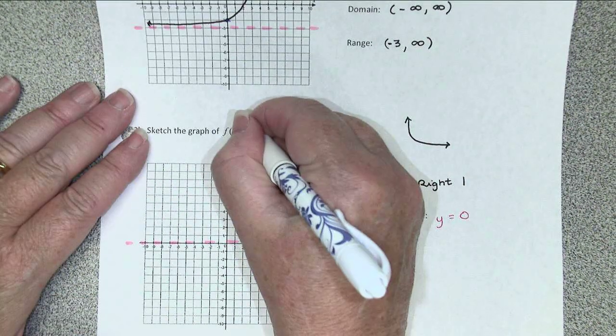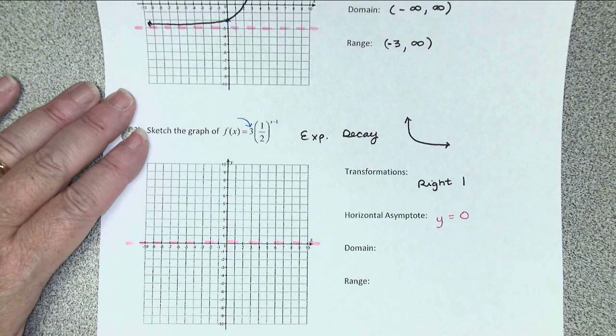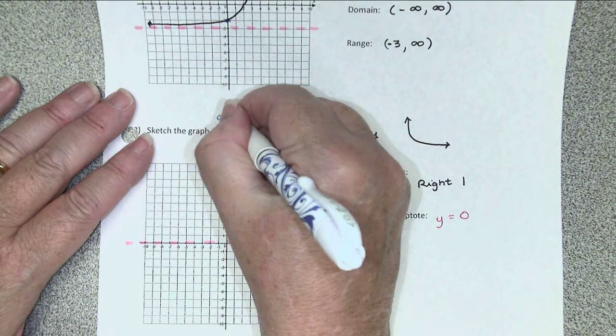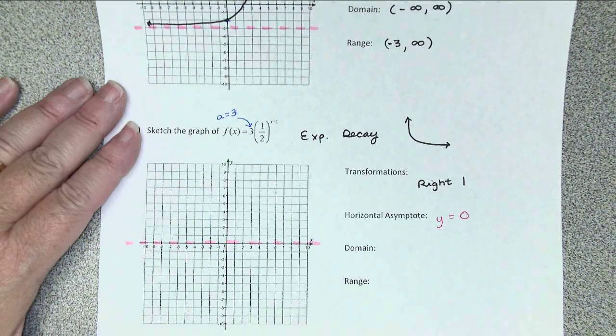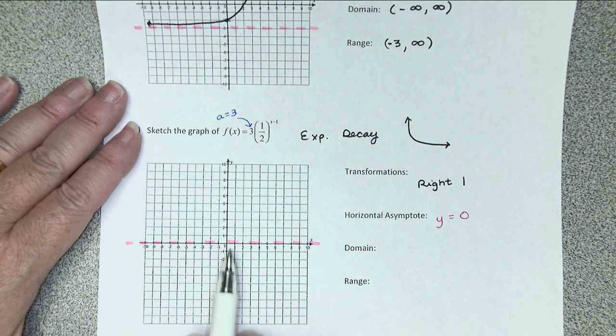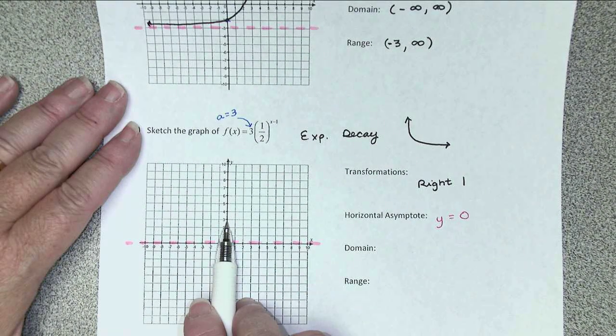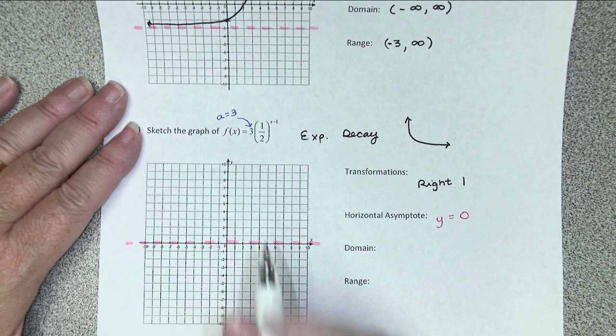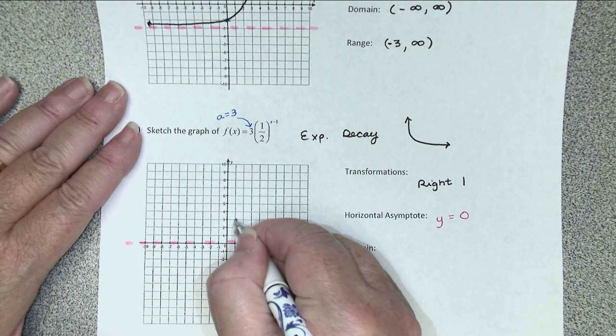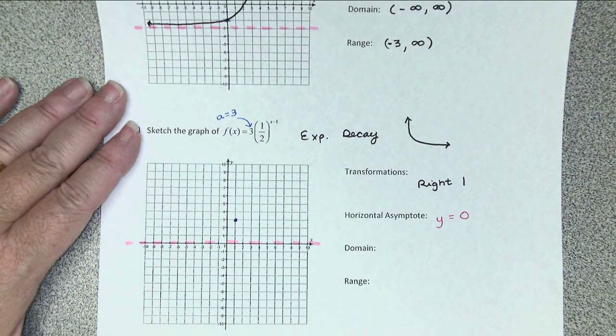This time, I've got an a value that's not 1. Notice a equals 3. That means that originally the y-intercept would have been at 3. But I am shifting to the right 1. So I'll shift that over here. Other than that, I'm simply going to sketch in an exponential decay curve.